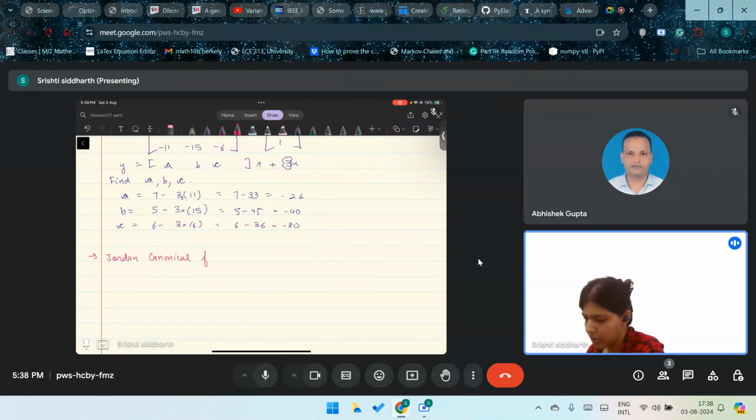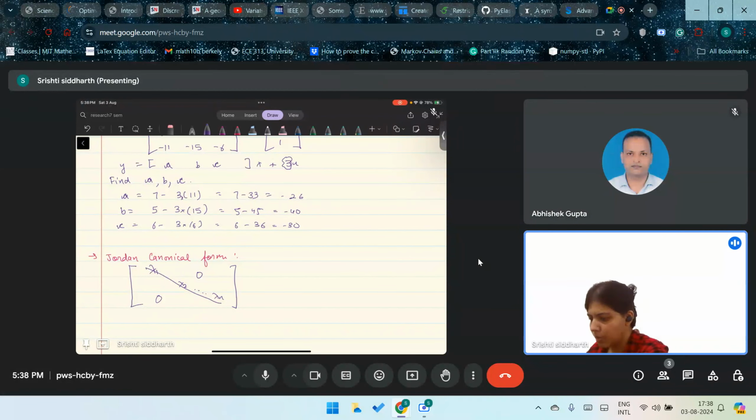The Jordan canonical form. Okay, so in these forms, the main interest in the matrix is this diagonal line. So we'll have the eigenvalues or the poles of the transfer function along the main diagonal, and then zeros everywhere if we have distinct poles.